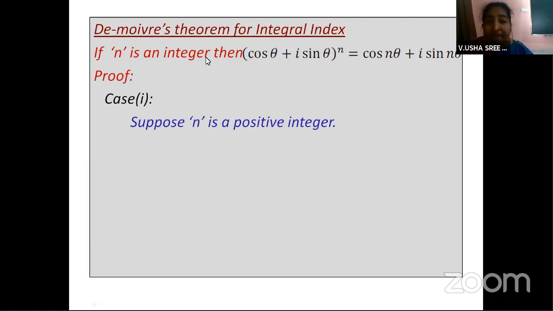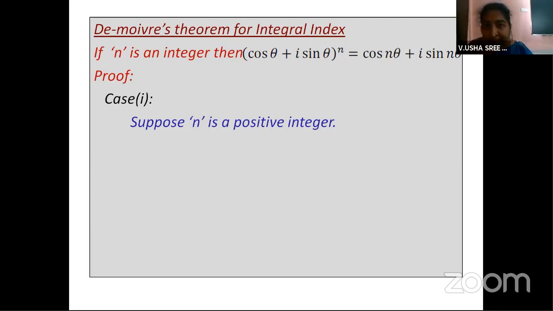Now, when you have n as a positive integer, the proof we are going to take is by the concept of mathematical induction, what you have seen in your first year. I hope that you are very familiar with the mathematical induction concept, children. Whenever we are proving a statement by this process, we will always follow 3 steps.